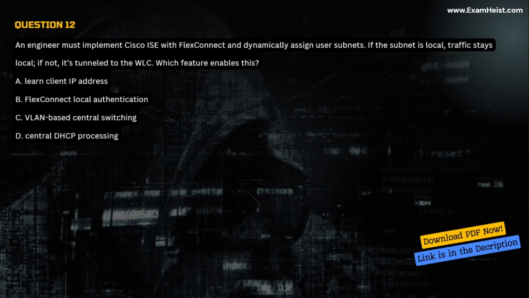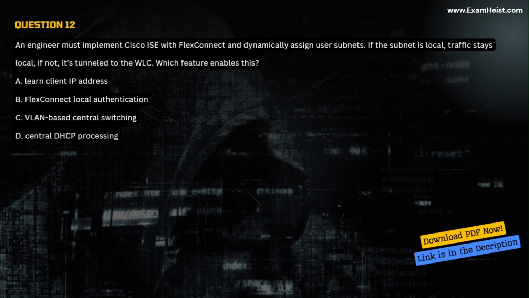Question 12. An engineer must implement Cisco IC with FlexConnect and dynamically assign user subnets. If the subnet is local, traffic stays local. If not, it's tunneled to the WLC. Which feature enables this? A. Learn client IP address. B. FlexConnect local authentication.